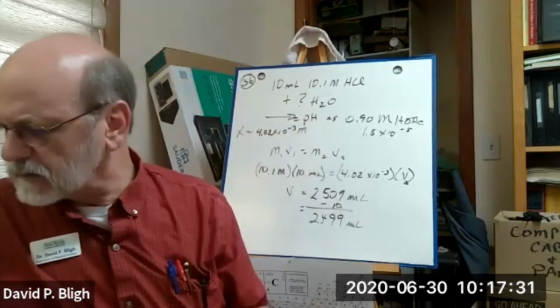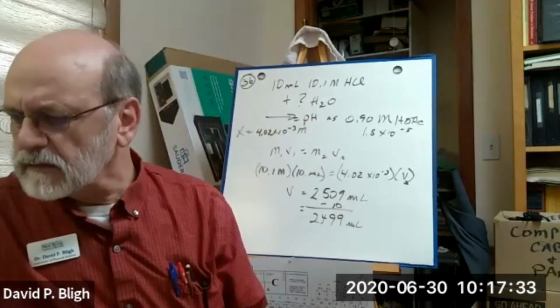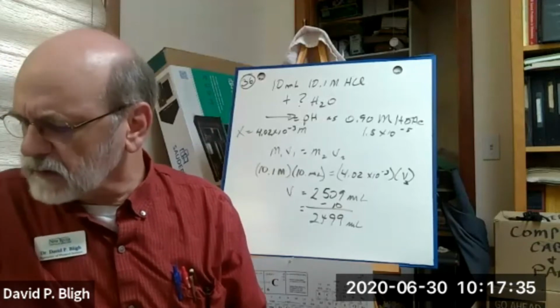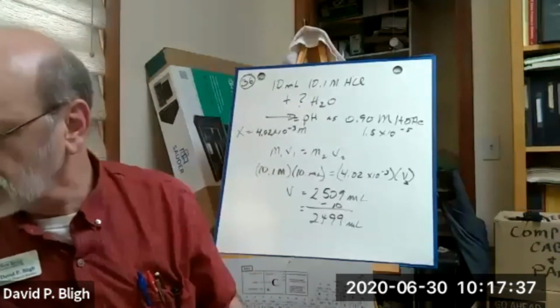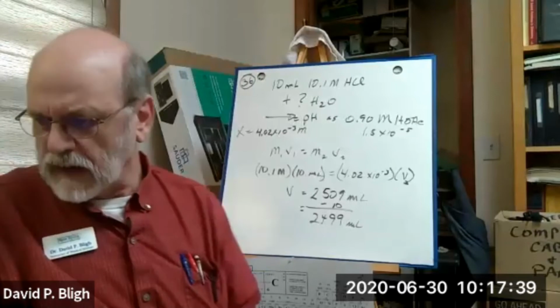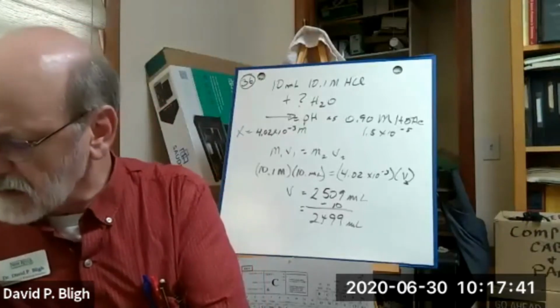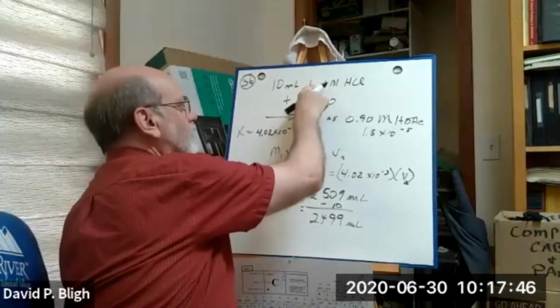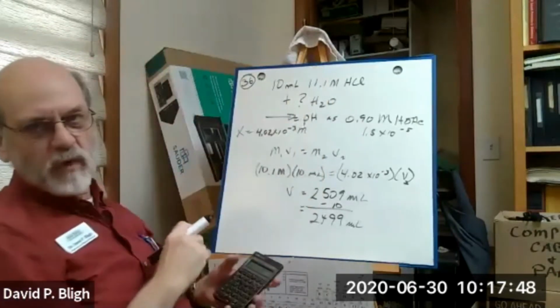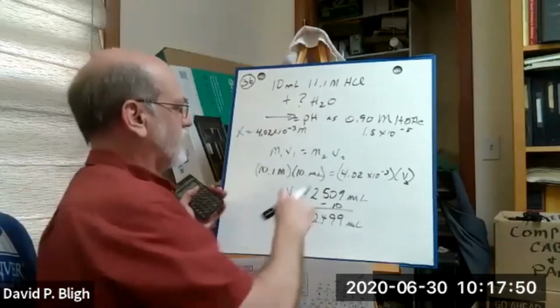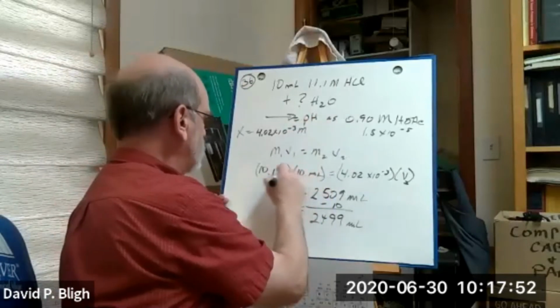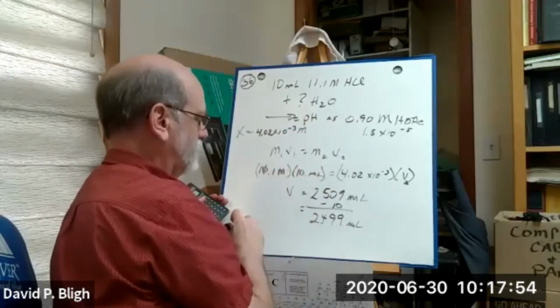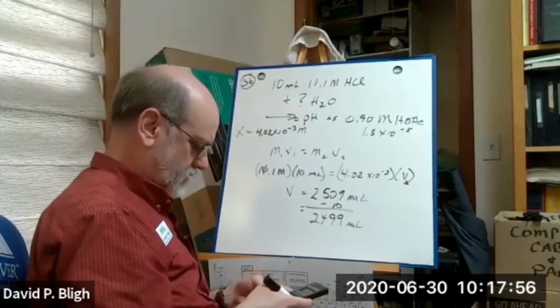Did I get that right? How come I got it wrong? Did I write the right numbers in there? I wrote the wrong numbers. It's 11.1 molar. So that would be 11.1. Let's do that again.